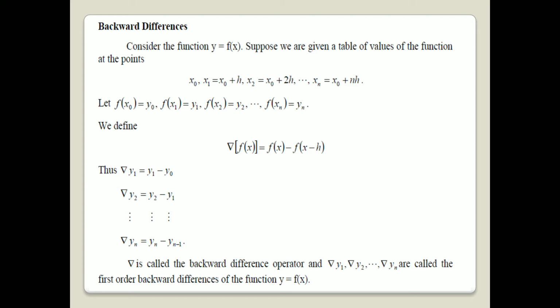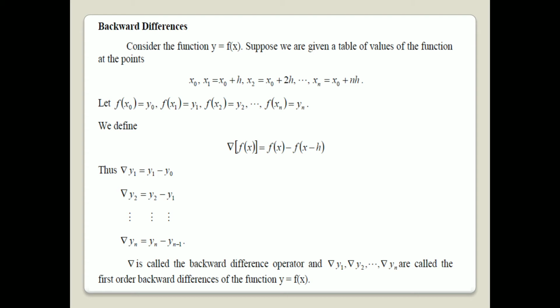Then we can define the backward difference operator, denoted by nabla and read as nabla, of f of x, which is equal to f of x minus f of x minus h. Thus the first order backward difference of y1 is nabla y1, and it is the difference y1 minus y0. Similarly, nabla y2 is equal to y2 minus y1, and in general nabla yn is equal to yn minus y(n minus 1).